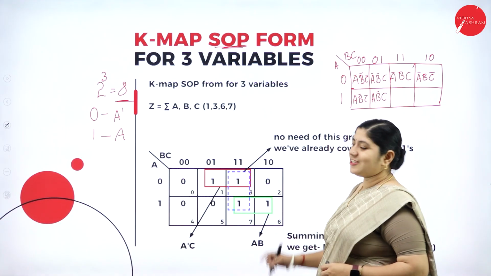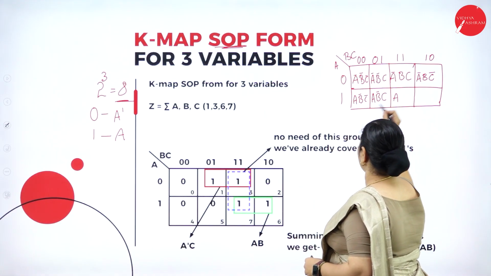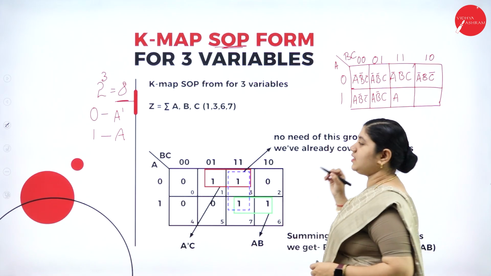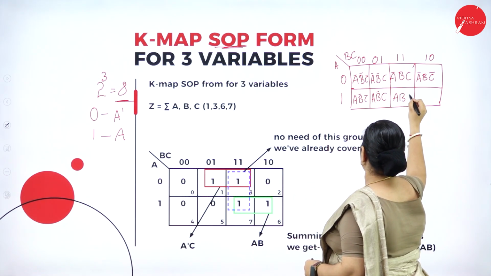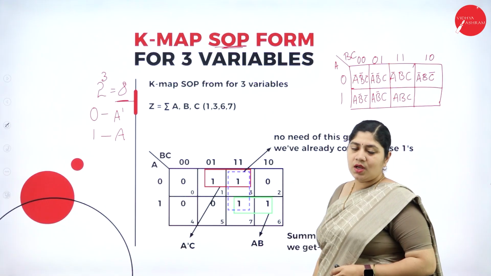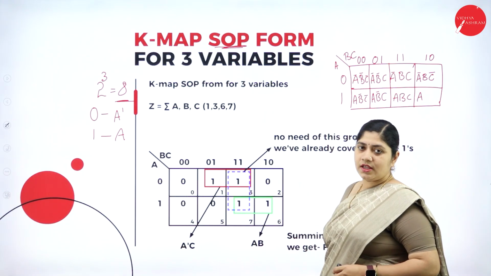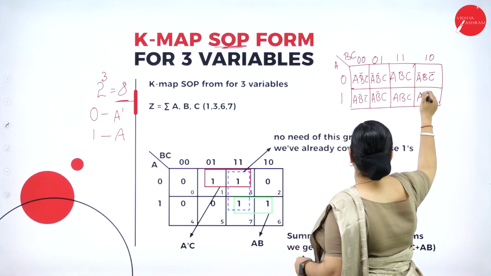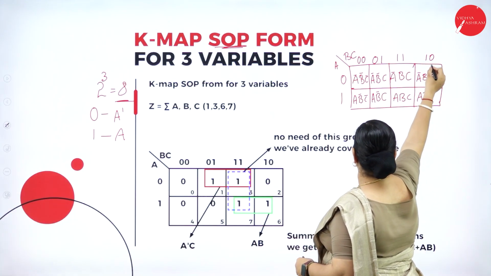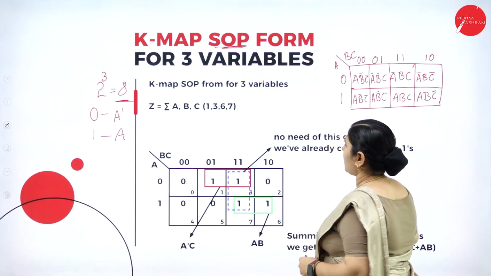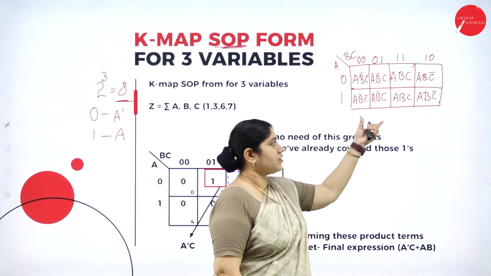Up next, we have 1 for A, and for B and C, it is 1 and 1 again. So it's ABC. Followed by again A is 1, followed by B is 1, so I can write B, C is 0, so I can write C bar. So this is the general representation.